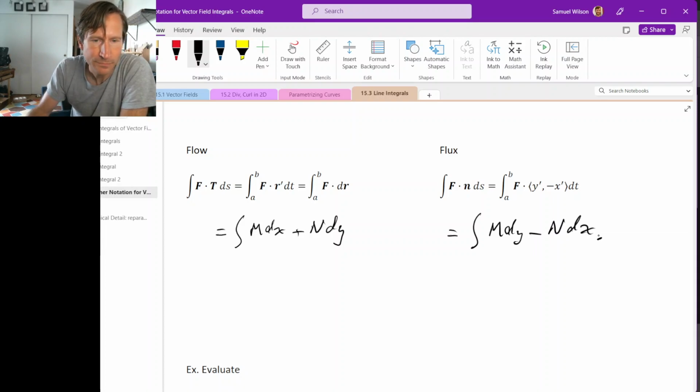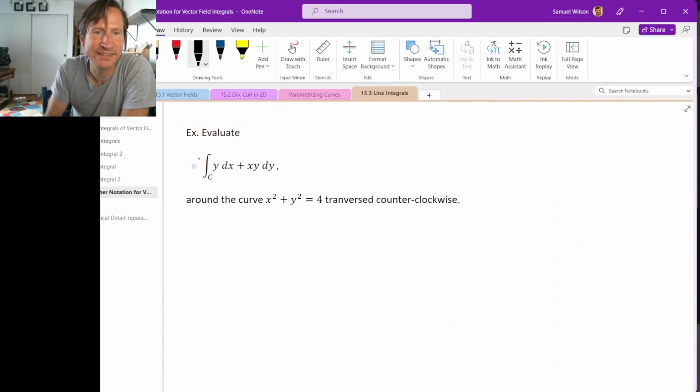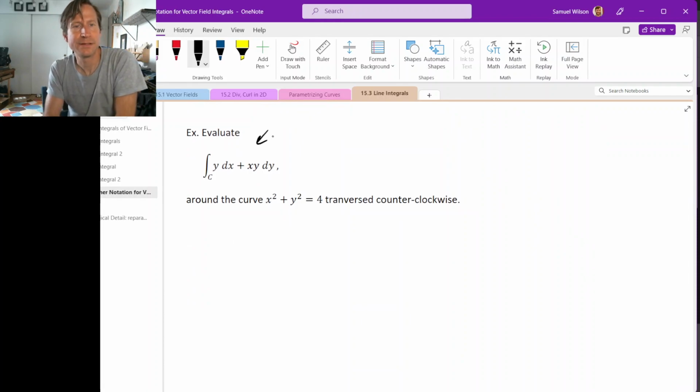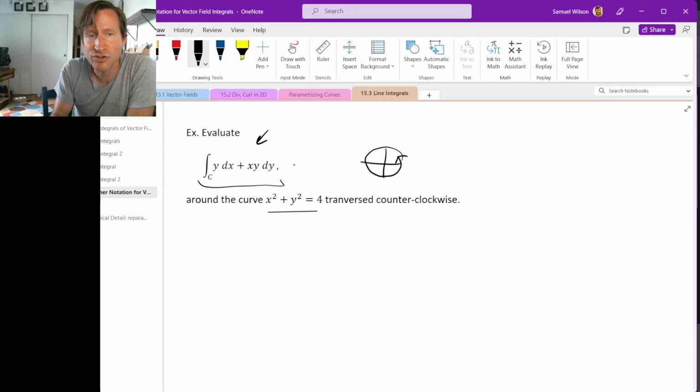Okay. So using this notation, let's evaluate this line integral around this curve. You can see that this is just a circle with radius 2, and we're going to go around it counterclockwise like this. So we need to parameterize this. To evaluate an integral expressed in this notation, you do still need to parameterize it.